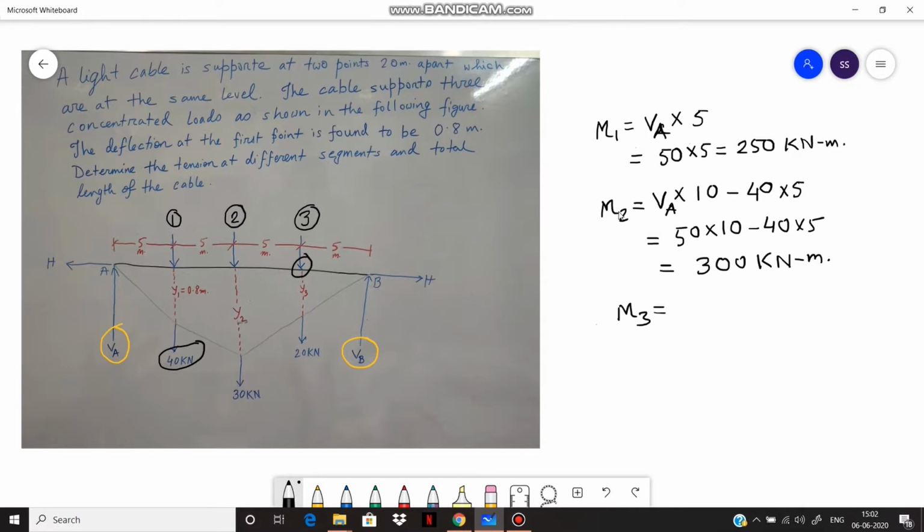We have the moment as calculated by VB multiplied by the distance between point 3 and the reaction force VB, and the distance is 5, and we have calculated VB as 40 kilonewton. So we have 200 kilonewton meter.